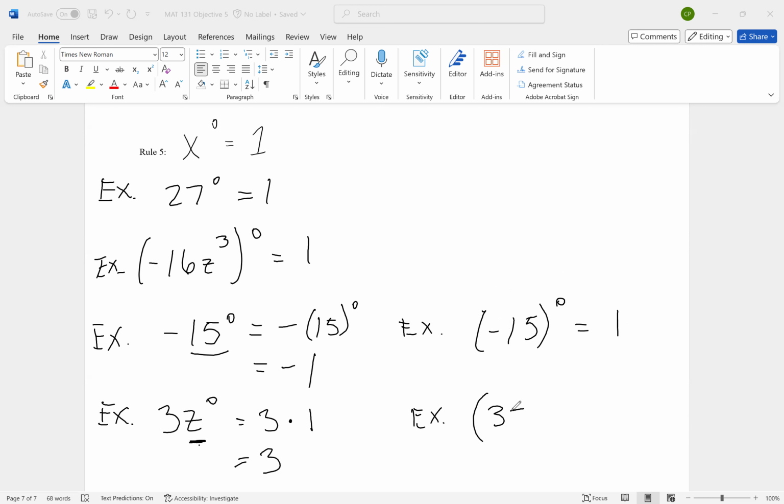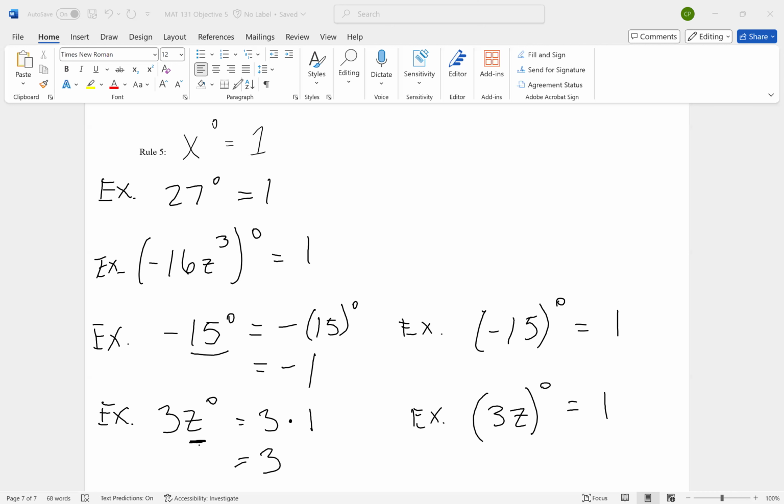If the problem clearly stated by putting it in parentheses that the 3z was to the 0 power, then of course that would be 1 as well. So that is how we work rule number 5.